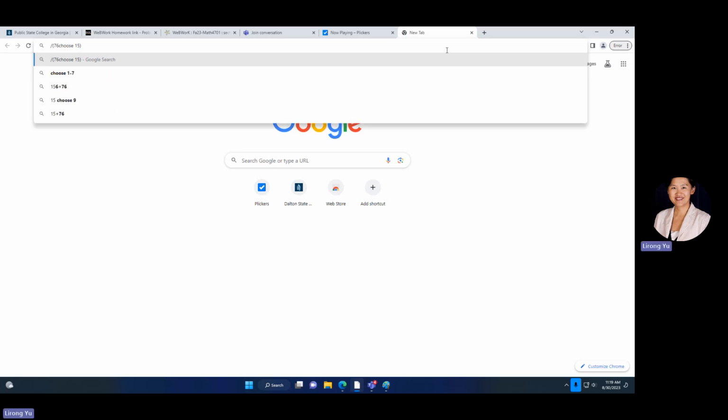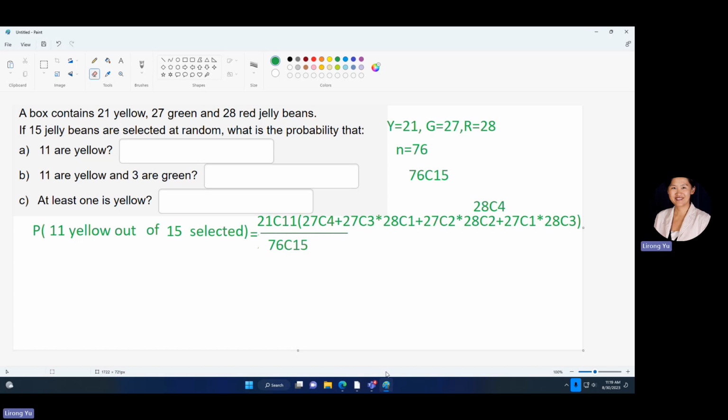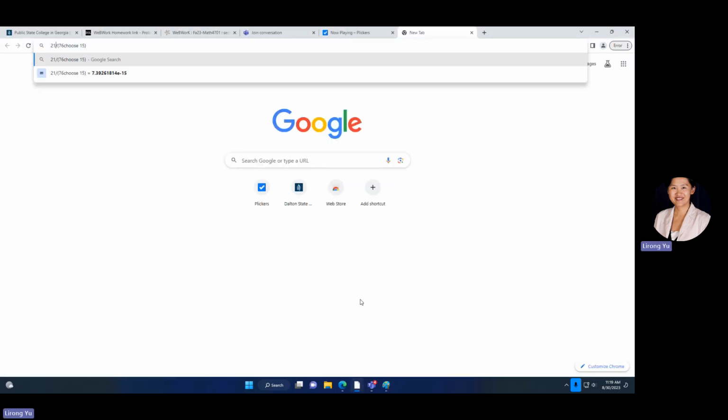The numerator, what it is, 21 choose 11, being multiplied by... it's kind of tiny on the screen.